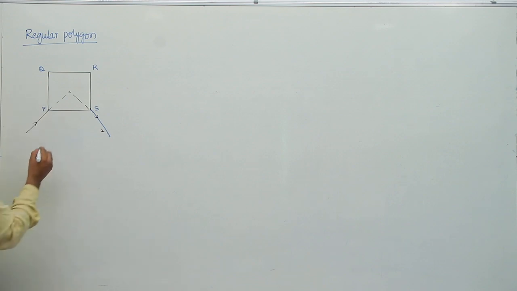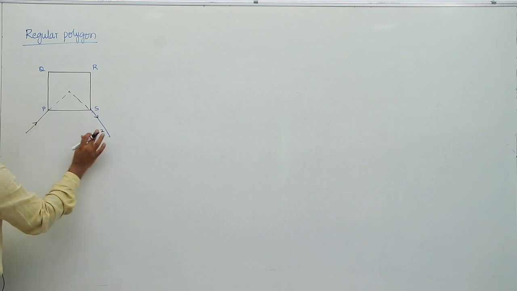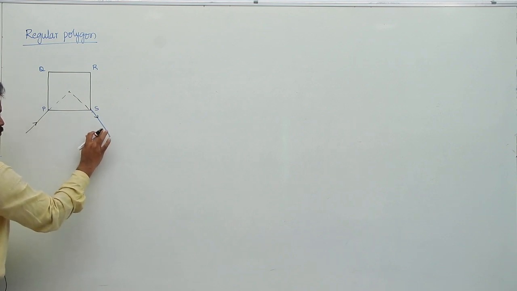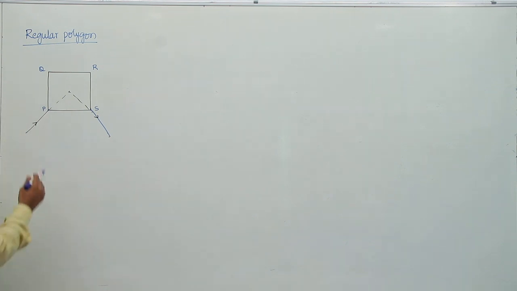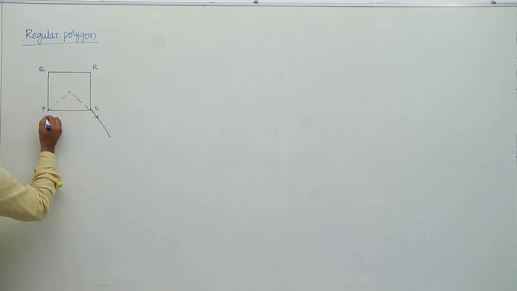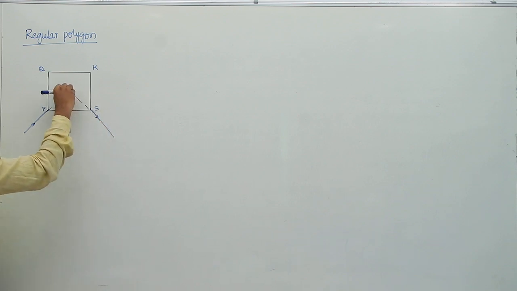So what is the magnetic field due to this side and these three sides? I am going to remove this 1 and 2 here, because the magnetic field due to this wire and this wire is 0. So the magnetic field due to the blue color wires is 0. This is a blue color wire, this is another blue color wire. So due to these two blue color wires, the magnetic field at the center O is 0.